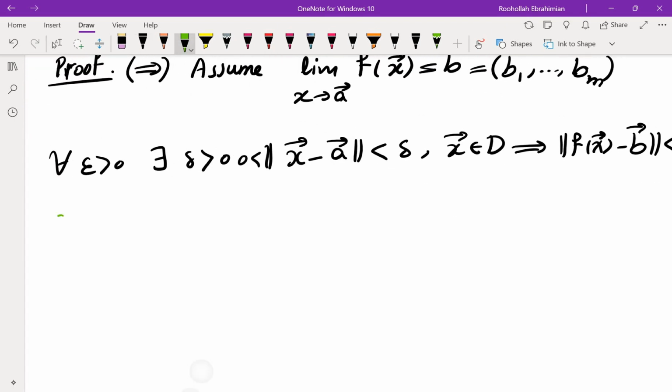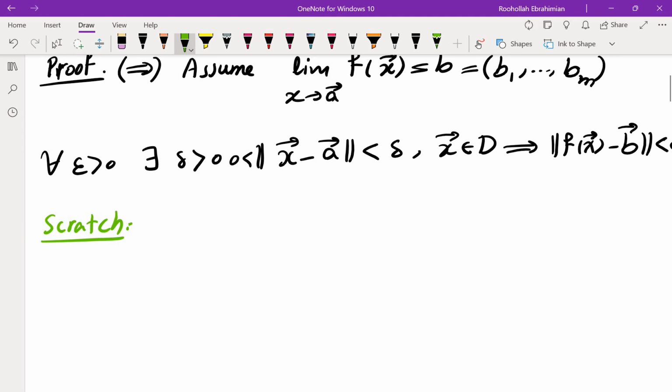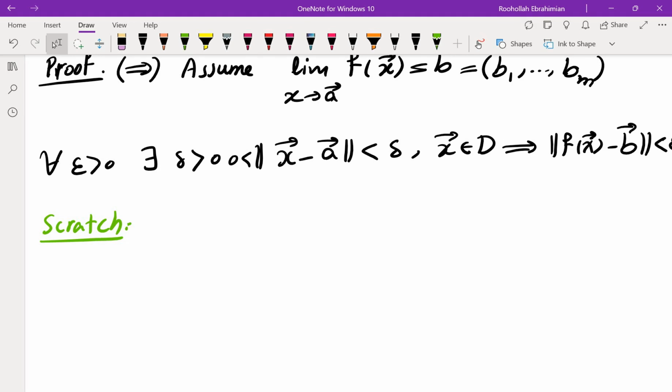So I'm going to do my scratch work here in a different color, and then we'll get to the proof. This is an example for epsilon-delta. If you want more examples, this would be one more example, and I have more examples in the notes as well. So this is what we want to prove.